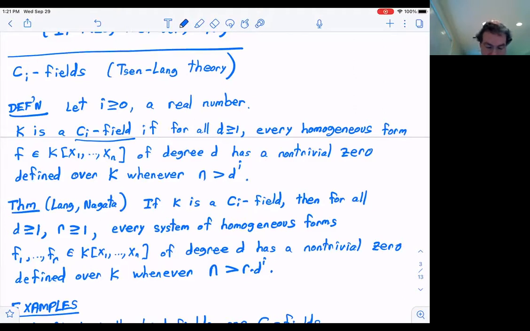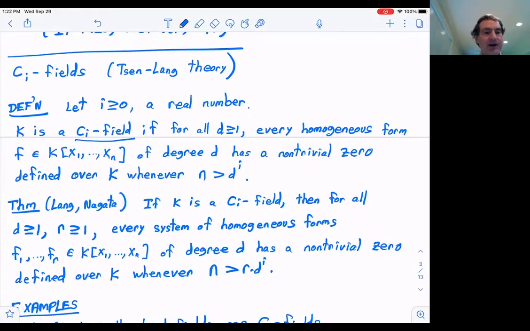So Nagata shows if K is a C_i field, then for all d at least one, and all r greater than or equal to 1, every system of homogeneous forms f_1 through f_r in n variables of degree d has a non-trivial zero defined over K whenever n is bigger than r times d to the i.